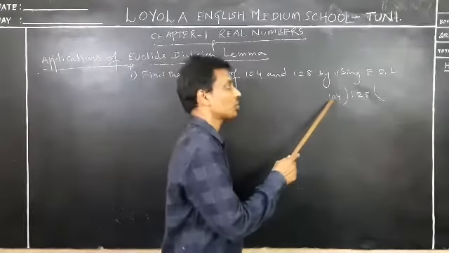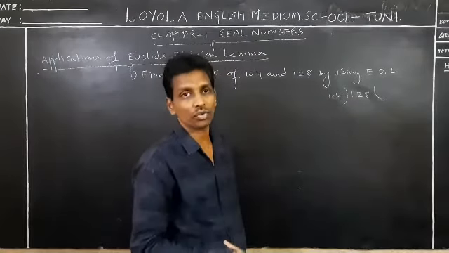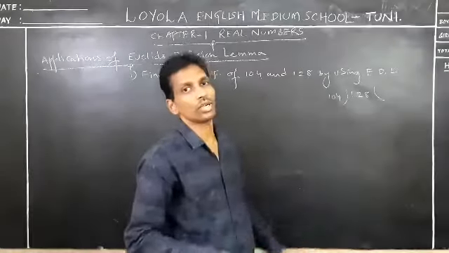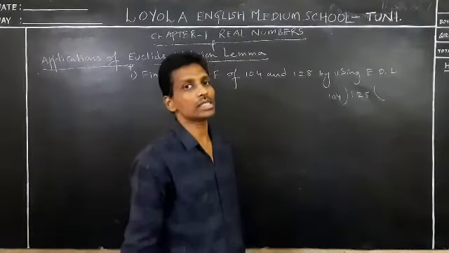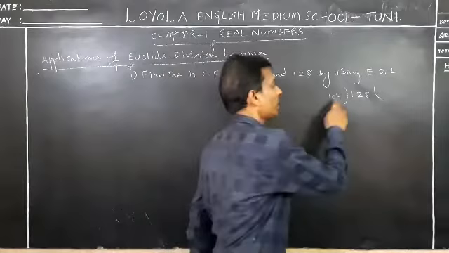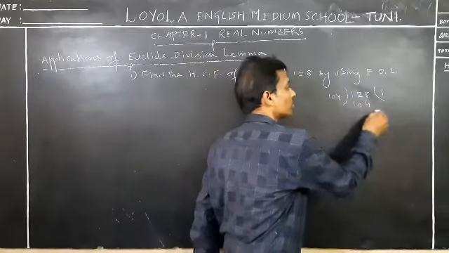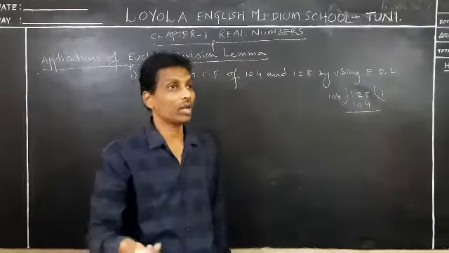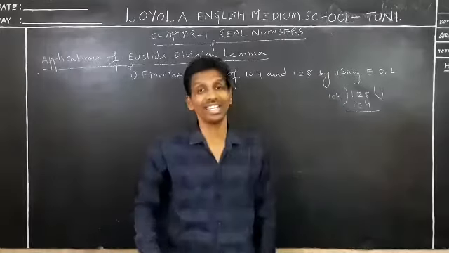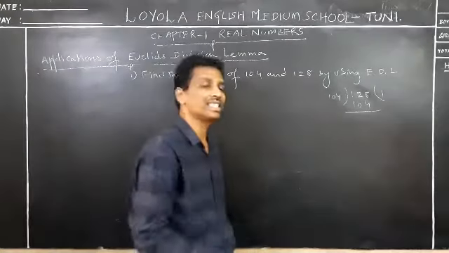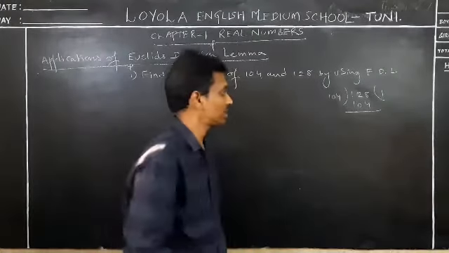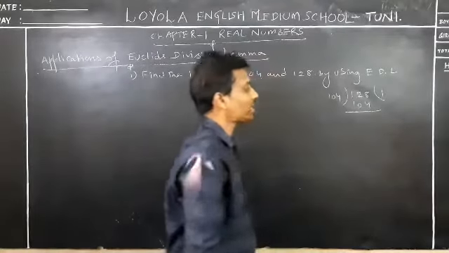How many times? 104 ones are 104. Of course, this table is somewhat lengthy, but we can say the approximate value. 104 ones are 104. 2 times we cannot take. Why? Because 104 twos are 208. So it is too lengthy than 128. So let us subtract here.